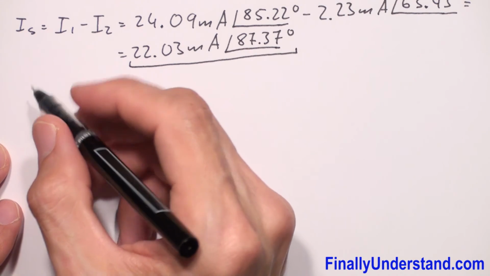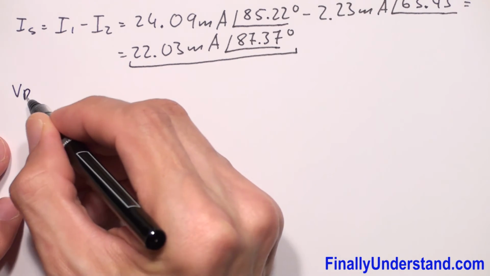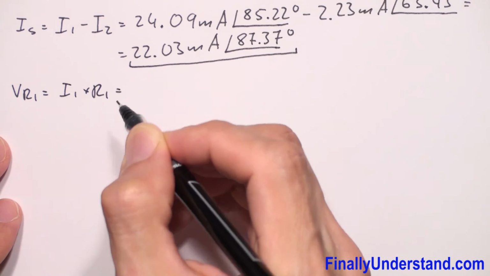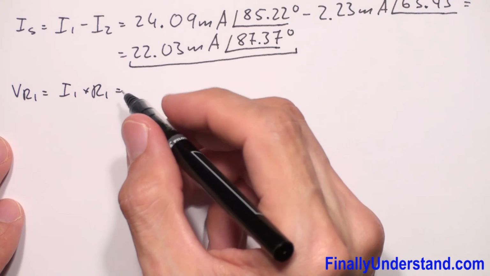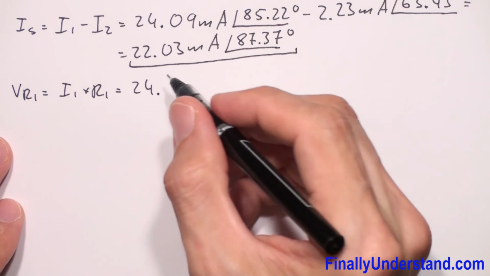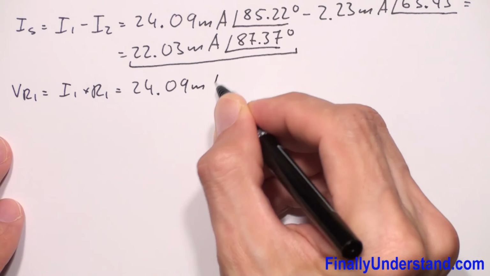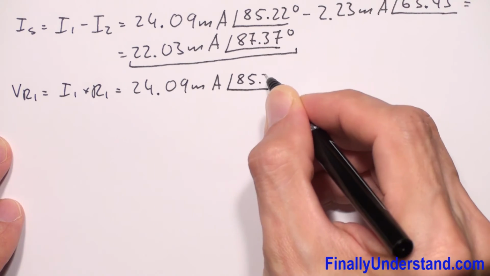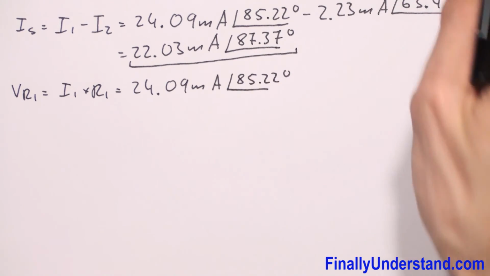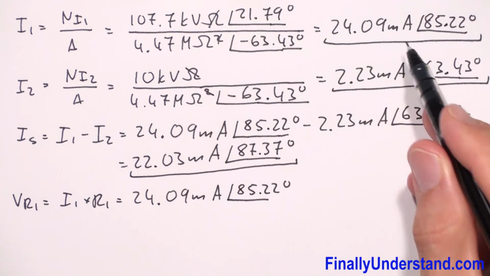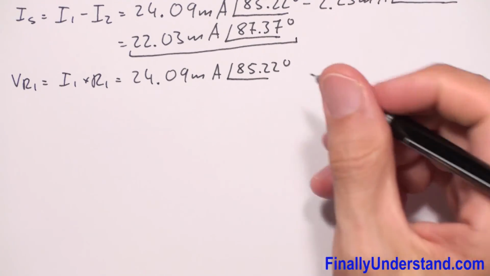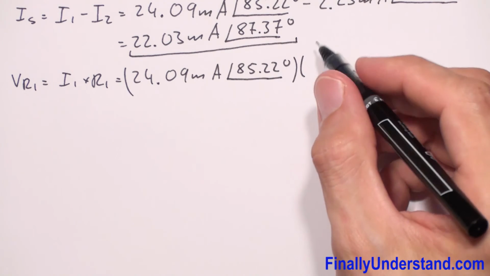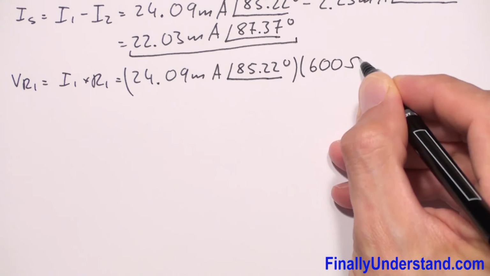So VR1 is equal to I1 times R1, where I1 we found is equal to 24.09 milliamps and angle of 85.22 degrees. This is my current over here, times R1, which is equal to 600 ohms.